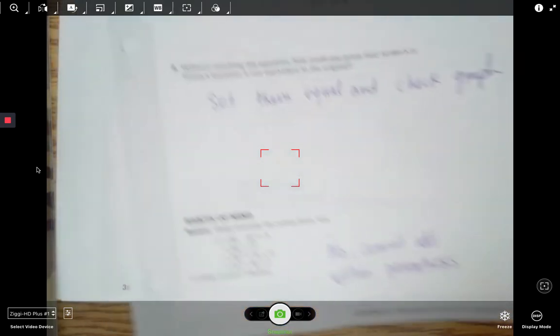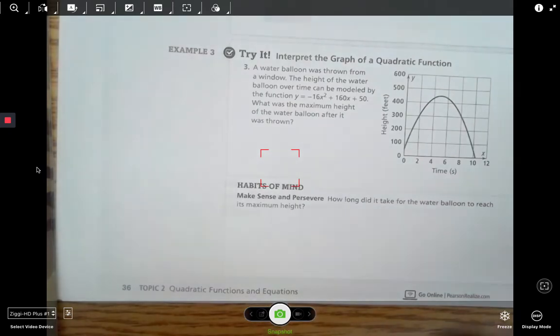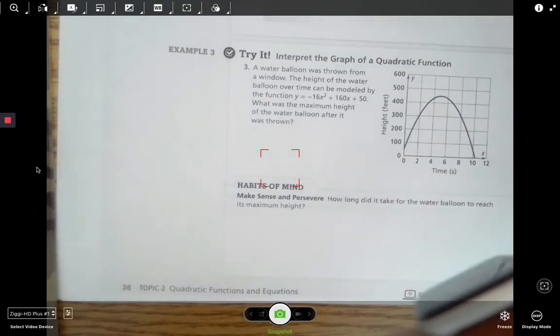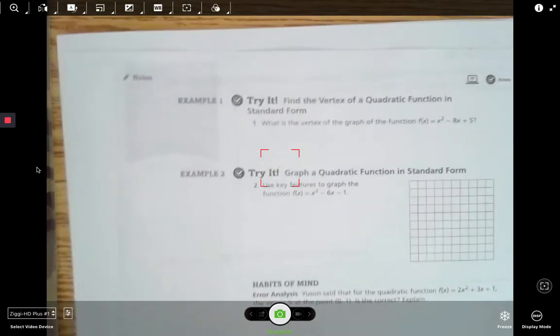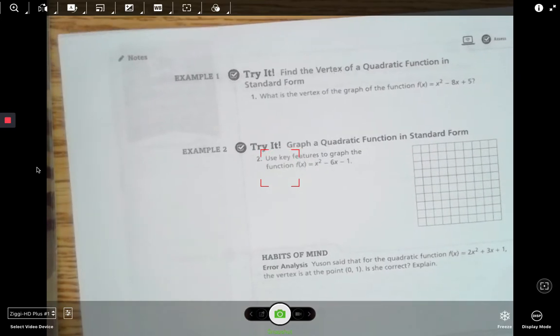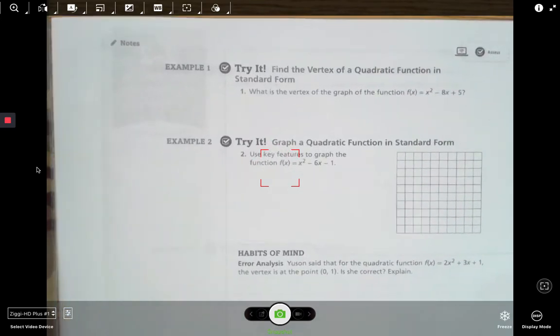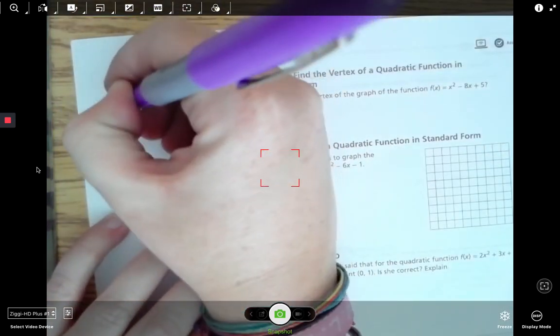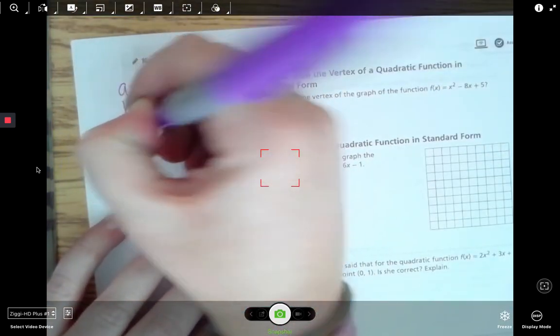Alright, next page. Alright, so on this page it says, find the vertex of a quadratic function that is in standard form. Well, in order for us to do that, we have to figure out what a equals, or if we want to rewrite it, a equals, h equals, k equals, right?